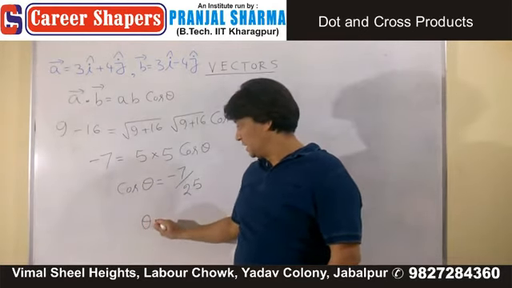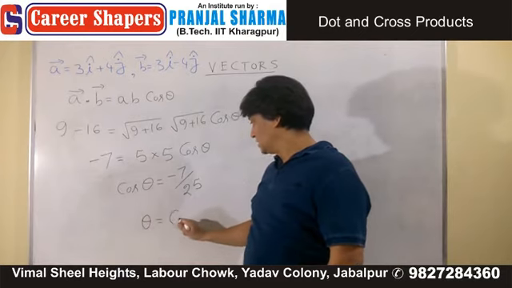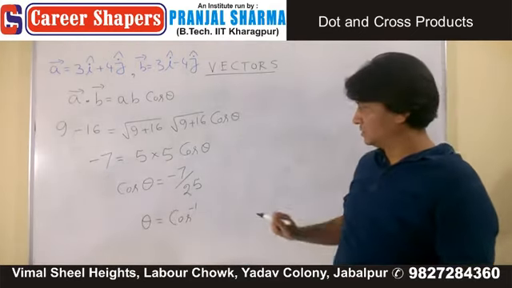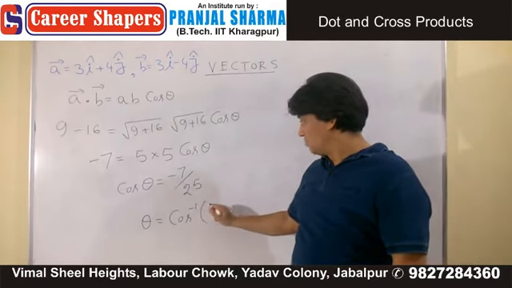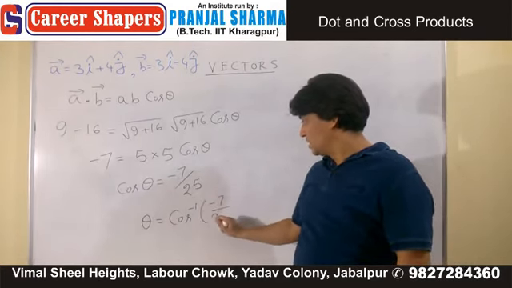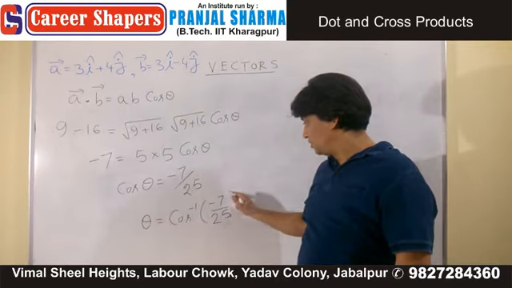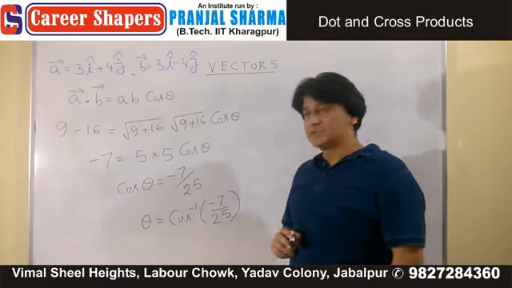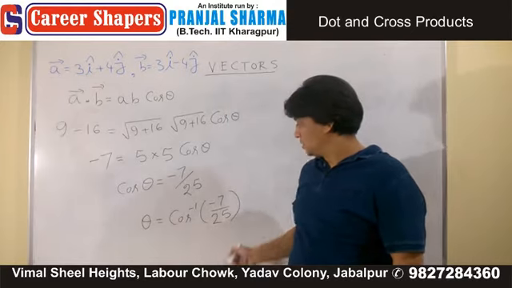What is theta? Theta is coming cos inverse of minus 7 upon 25. That's the answer. Note down this.